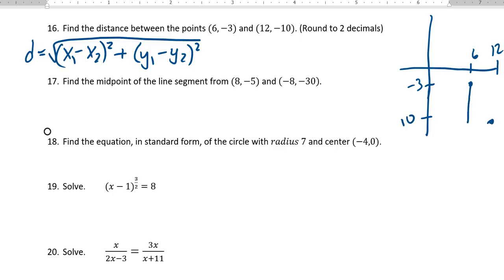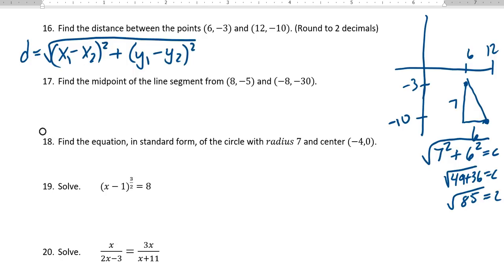And I draw the triangle. And I say, this is 7 units, because distance is always positive. And this is 6 units. And then I would just square both and take the square root, because that's what we know that hypotenuse would be equal to. And I'd get the square root of 85.